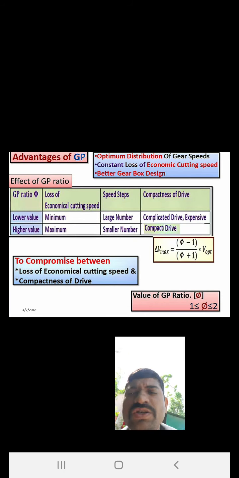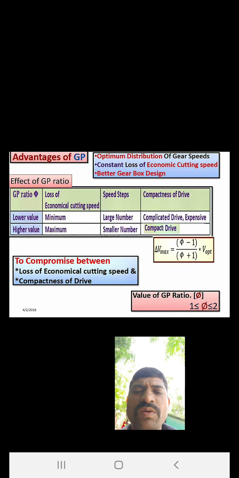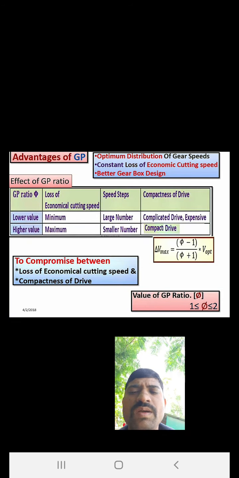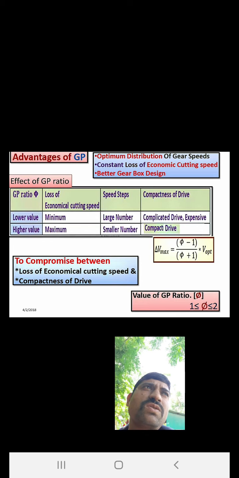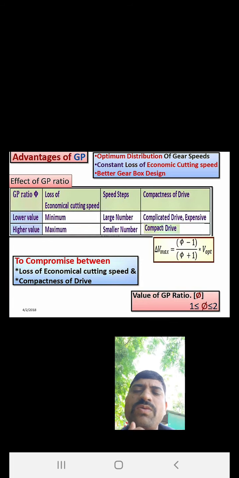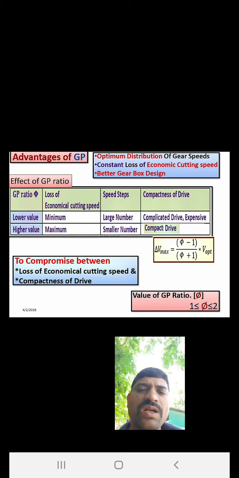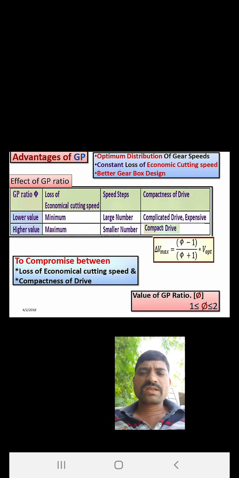If the GP ratio phi value is lower, less than or equal to 1, then the loss of economic cutting speed will be minimum, and you will get a large number of speed steps, means z is equal to 12 or maximum. And for compactness, you will get a complicated drive and it will be expensive.